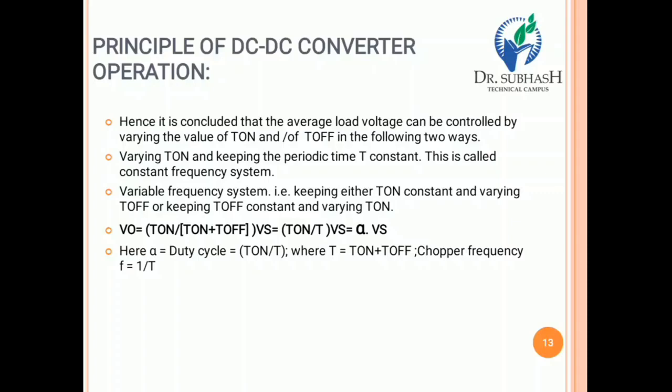So V out equals alpha into Vs, where alpha is the duty cycle and duty cycle equals T on by T, and T is the total time T on plus T off, where 1 upon T can be represented as a frequency, and that frequency is known as the chopper frequency. Is it clear, dear my students?